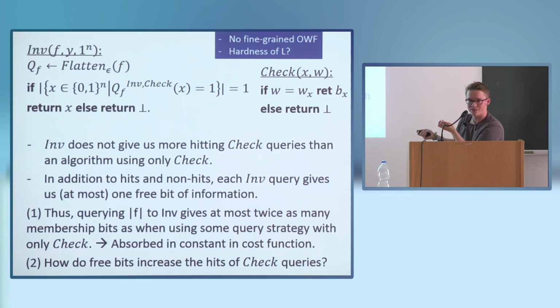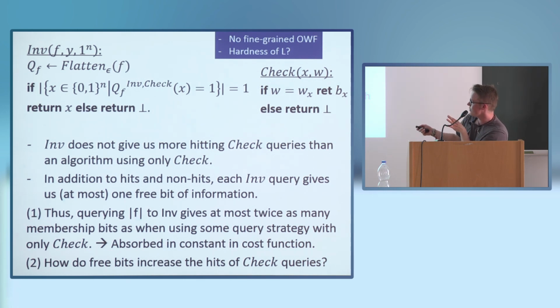But what about the hardness of L? We said inverse does not give us more hitting check queries than an algorithm using only check of roughly the same cost. And in addition to hits and non-hits, each inverse query gives us at most one free bit of information, namely the bit that says, is there a unique pre-image or not? It's a single bit of information, and that's very little, which is super nice.